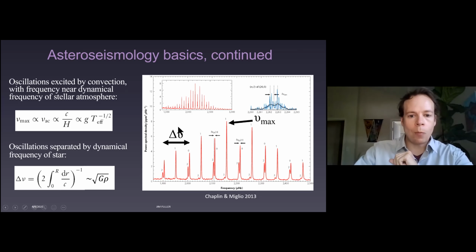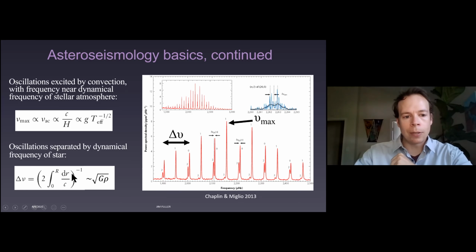So going from one peak to the next, you're just increasing the number of nodes in your wave function inside of the star as a function of radius by 1 every time. So that's called the radial order. And this large frequency spacing, turns out, is basically proportional to the sound speed crossing time throughout the star. And that, it turns out, just scales with the square root of the density of the star. So if you measure this large frequency spacing, you measure the density of the star.